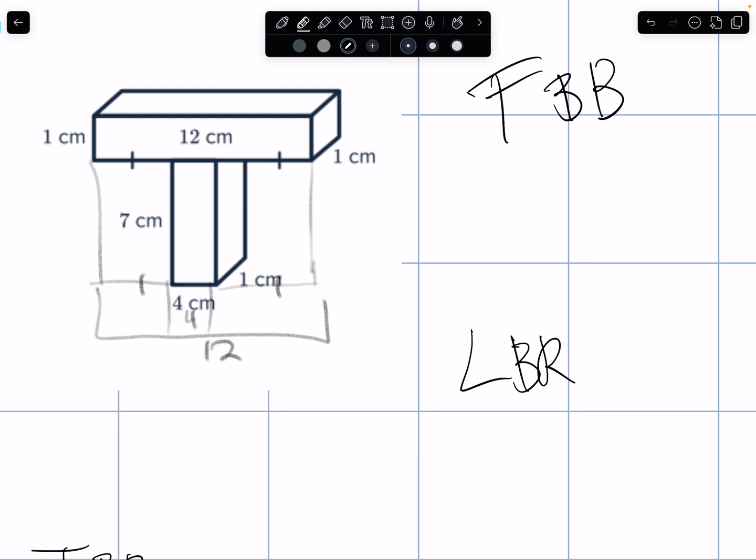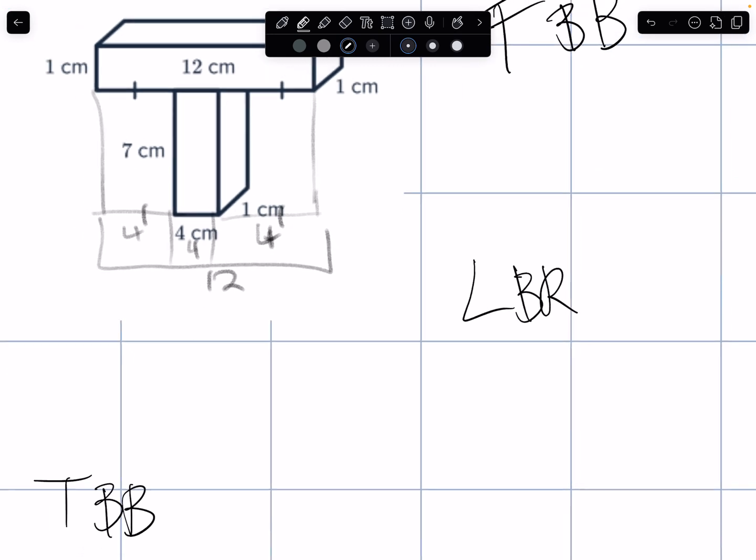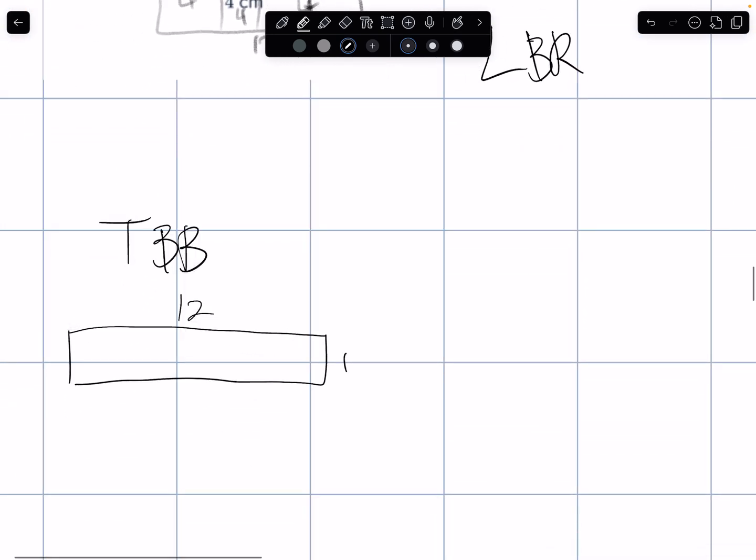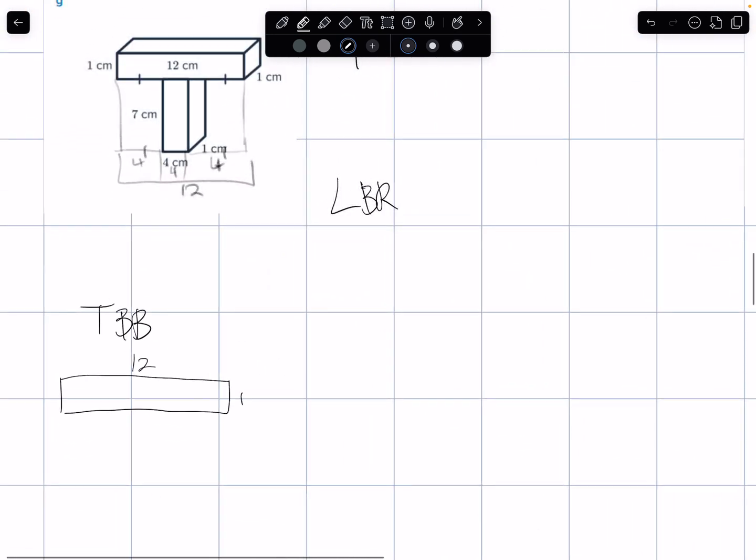And these are the same. So 12 minus 4 is 8. And these have to be the same, so they need to be 4 each, or half of 8. 4 plus 4 plus 4 is 12. All right, so we've drawn our top face.